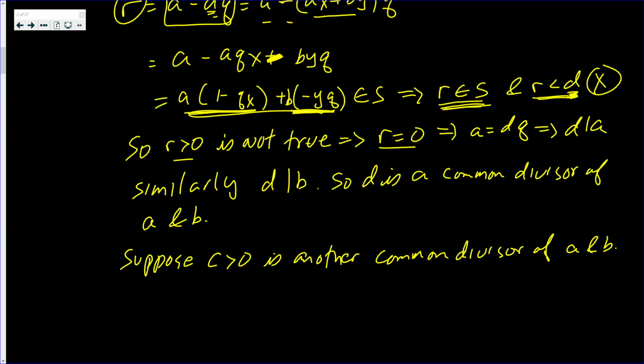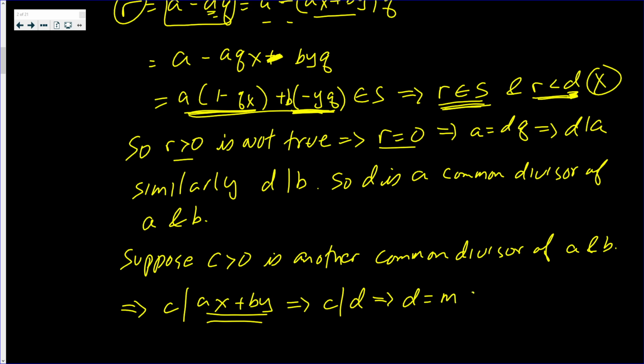Well, that implies that C divides a linear combination of A and B. Of course, I'm going to use the linear combination that equals D. So C divides D. That means D is a multiple of C, D equals MC, where M is an integer.